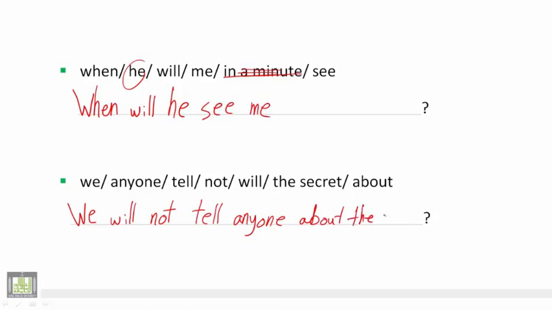And of course this is not a question, it is a statement, so we put a full stop. So in number 1 we have a question and we started with the WH word, but here this is a statement, it is a sentence.